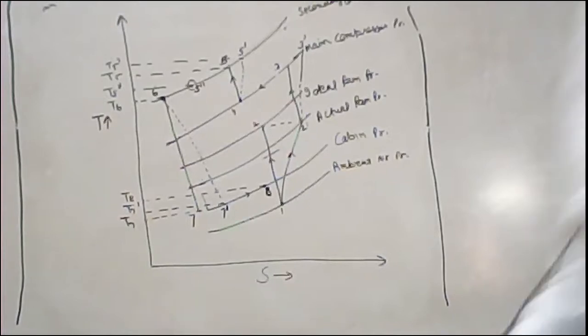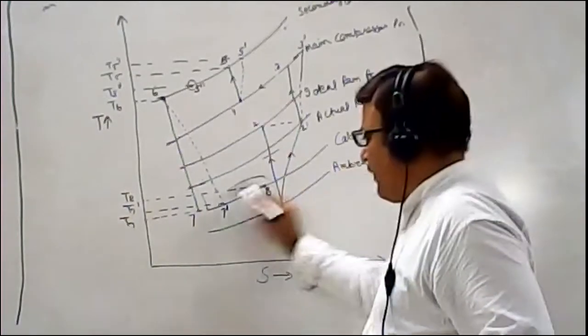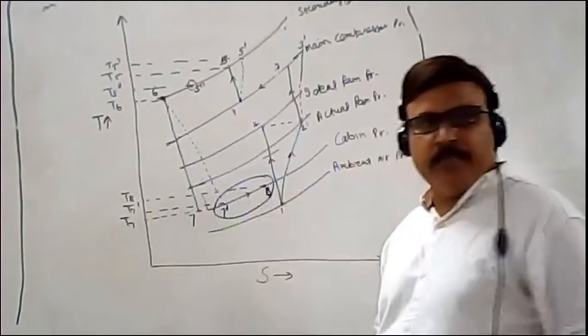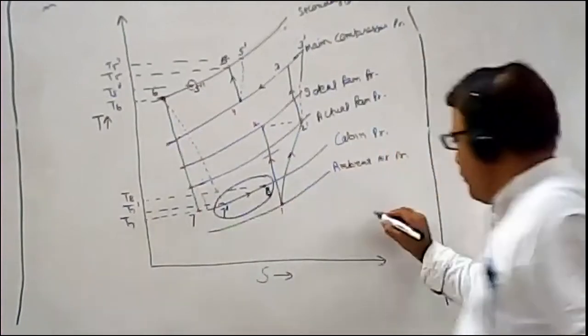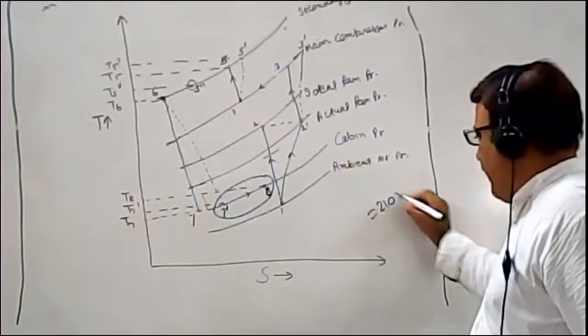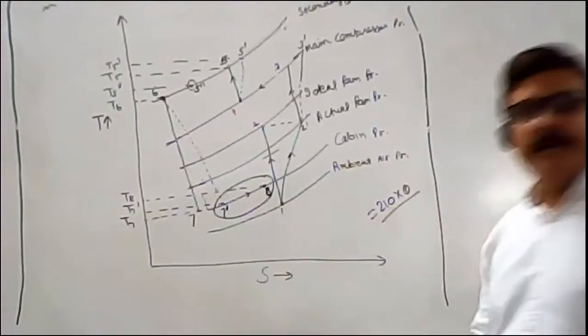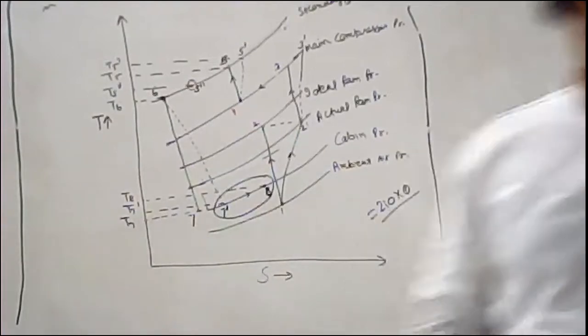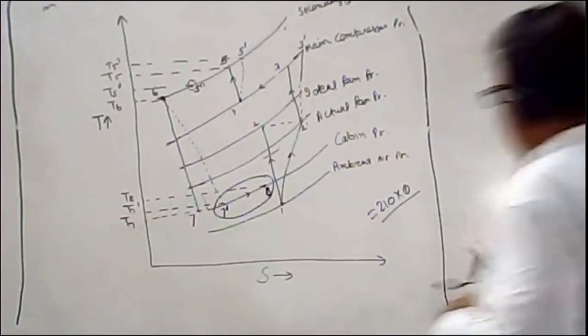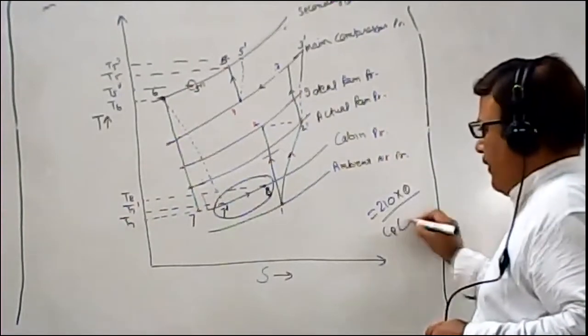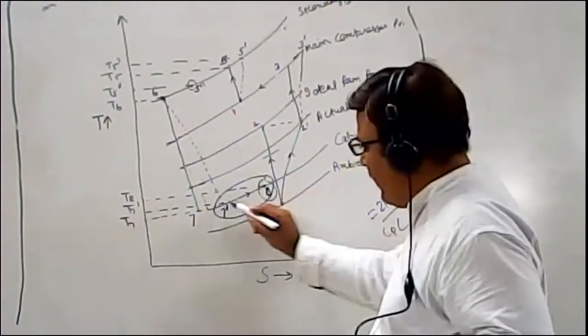Yes, this is the refrigeration effect in this case, from this figure. So it is 210 into Q divided by CP into (T8 minus T7 dash).